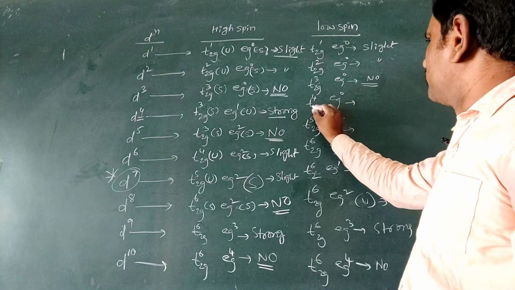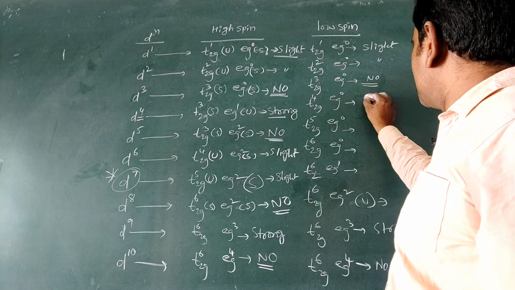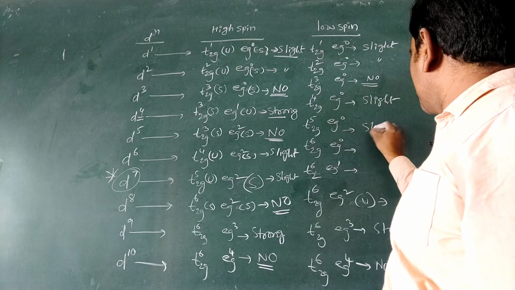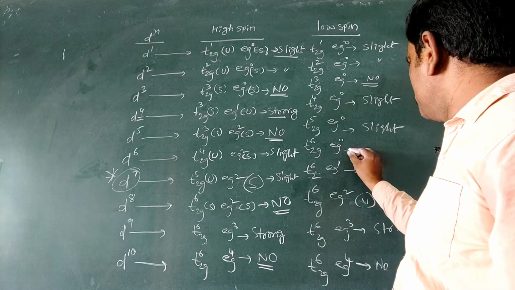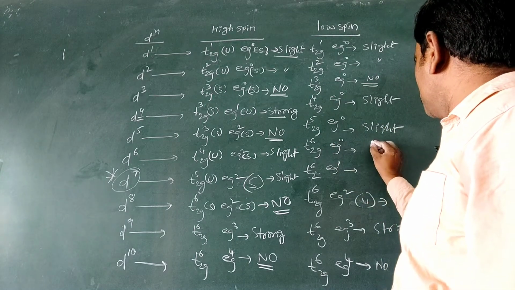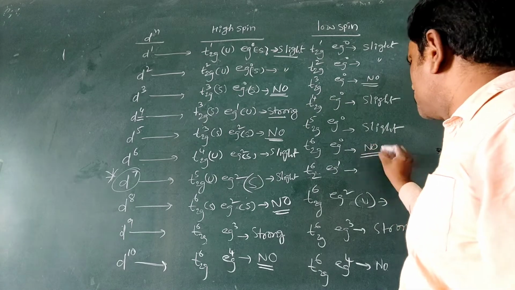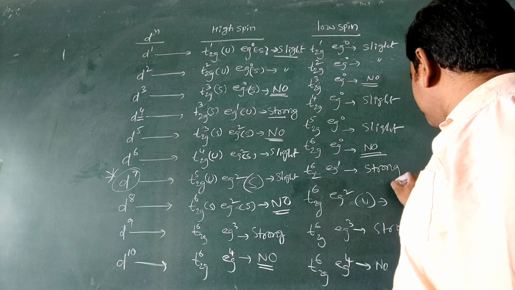Now here t2g unsymmetric, slight distortion. Again slight. See, both are symmetric, no distortion. And here strong distortion.